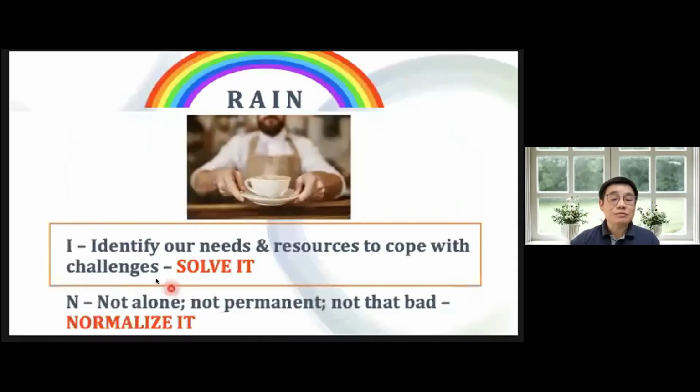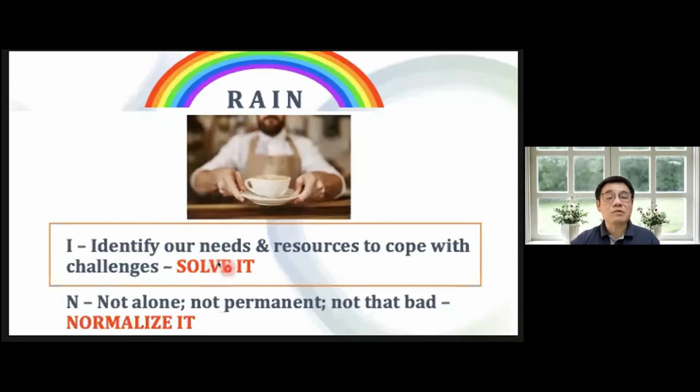Okay, let's move on. So step 3I is identify our needs and resources to cope with challenges. In short, is to solve it. Right? After we have recognized the stress, after we are able to face it, then in this step is by inviting the person, inviting the stress to come to our house and yam cha, have a cup of tea and discuss how to solve a problem.